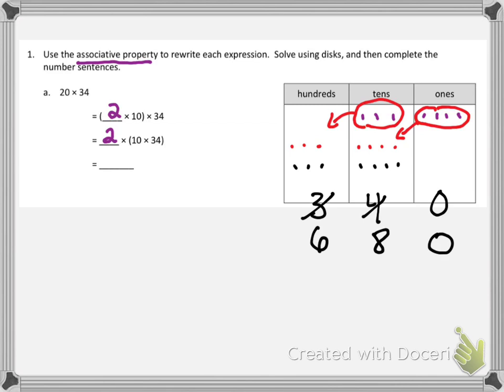So our answer to this problem is 2 times 340, and that's where we got this, because we regrouped and multiplied by 10 here to move them over into our next column. We got 340. But because we're multiplying by 2, we needed to make another group, which gives us 680.